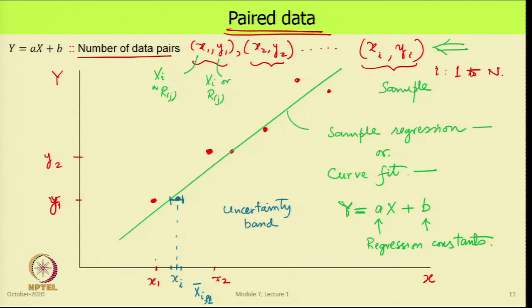And at 95% confidence levels, it tells you where the data lies. Same is true with y. This will also have an uncertainty, and this we will denote like that. So, this is the uncertainty band for x, this is the uncertainty band for y.